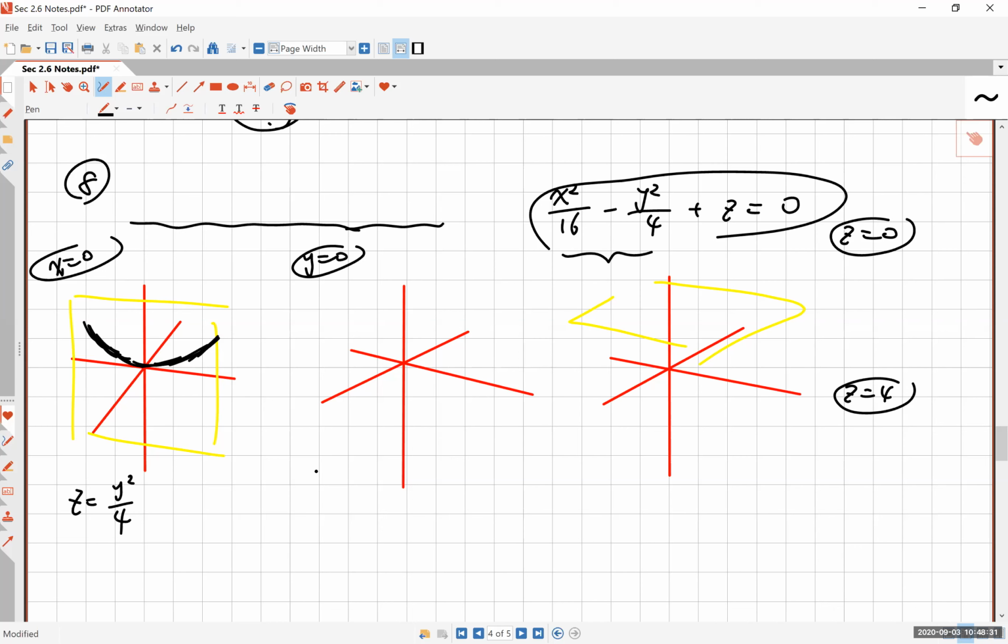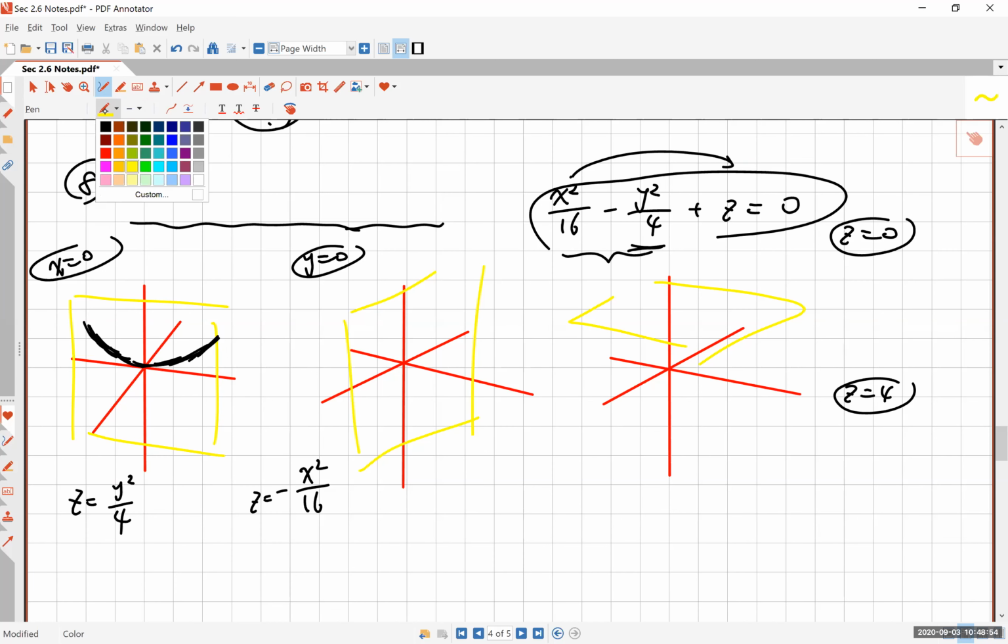When y is equal to 0, you have x squared over 16. Well, z is negative x squared over 16, right? Because you move this to the other side here, this will go away, and so on. So this time you get something that you have never seen before. If you cross it with x is equal to 0, the cross section is going to be an upward parabola.